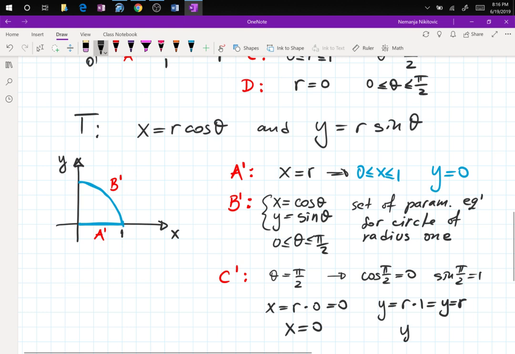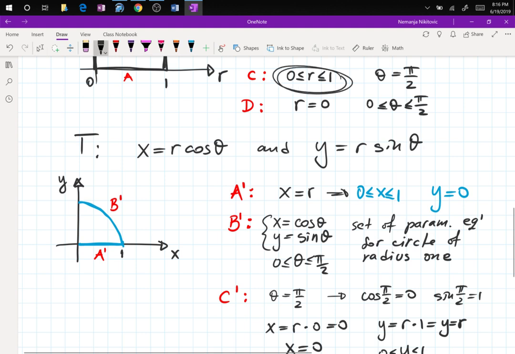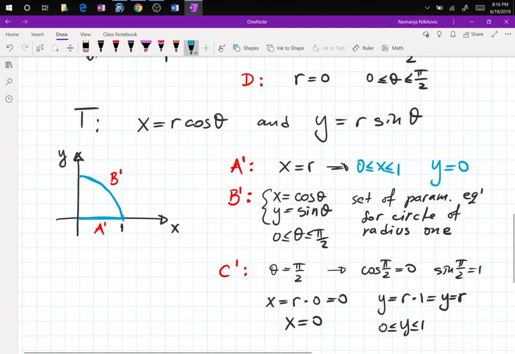Well, that means that y is stuck between 0 and 1 because r was stuck between 0 and 1. Now that gives us this one over here, and that's your C prime. So I'm going to call this x equals 0, blue equation, we graph, and 0 less than or equal to y less than or equal to 1. All of these were supposed to be blue.